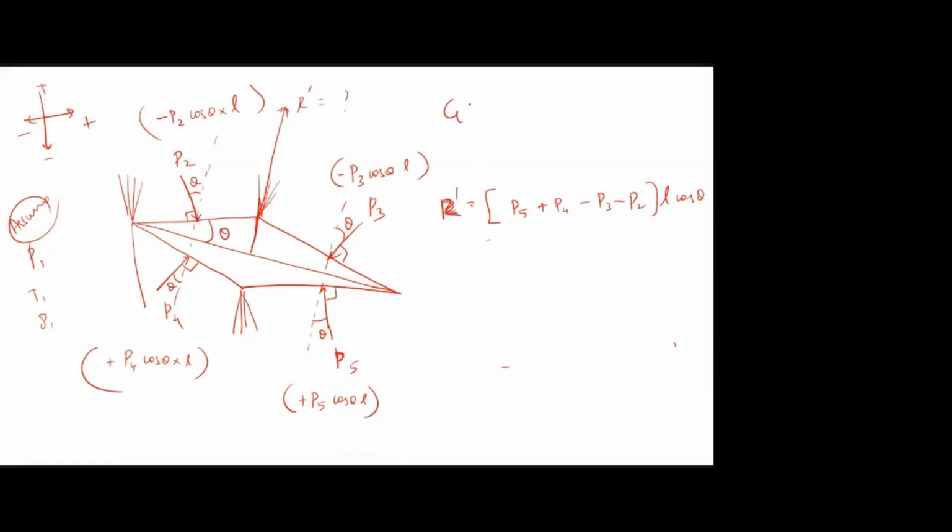So CL, we just now derived, is 2L dash divided by gamma P1 M1 square C. Similarly, CD will be 2D dash divided by gamma P1 M1 square C. So I can write this as 2 divided by gamma M1 square C into L dash by P1, and the same way 2 divided by gamma M1 square C into D dash by P1.